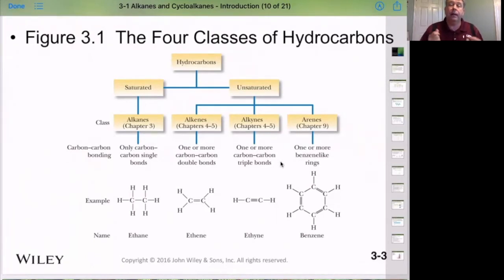If we have one or more carbon-carbon triple bonds, those are called alkynes, and those are sp hybridized carbons. We can also have what are called arenes, which tend to be a certain type of double bonded carbons in rings that have certain rules that give them different reactivity than other systems. We will be addressing all of these as the semester progresses.